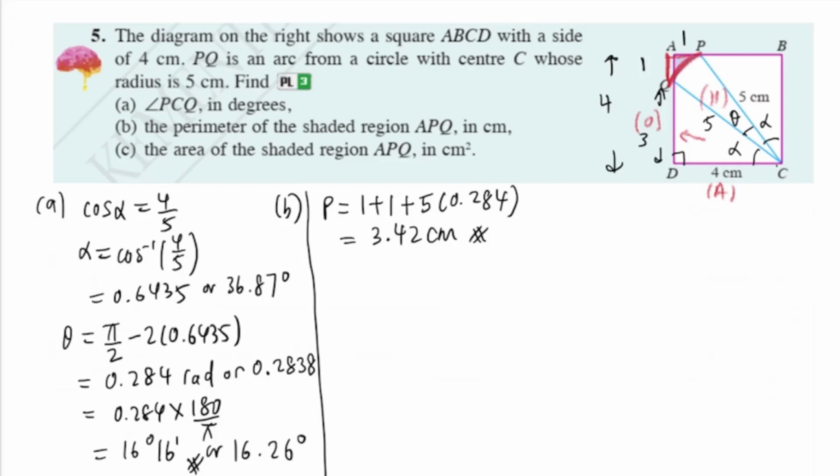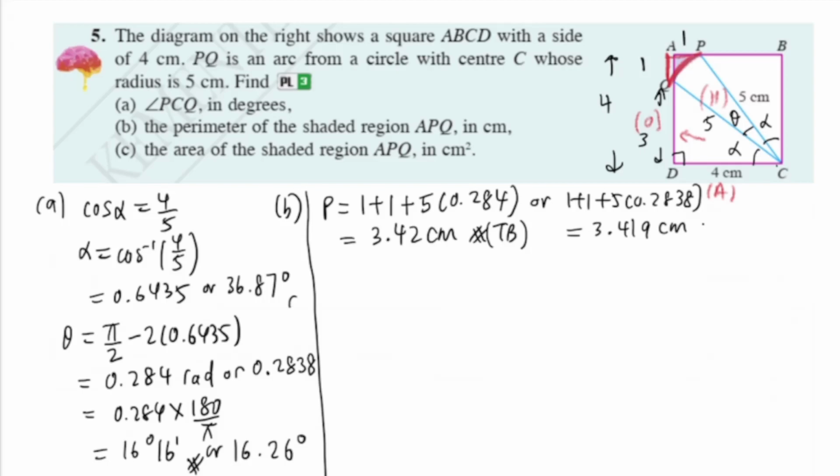But if you use 0.2838, which is what I would recommend, you will get 3.419, which is actually a better answer. This is your textbook answer because they use theta as 0.284. If you use more decimal points, 0.2838, then your answer is 3.419, which in my opinion is a better answer.